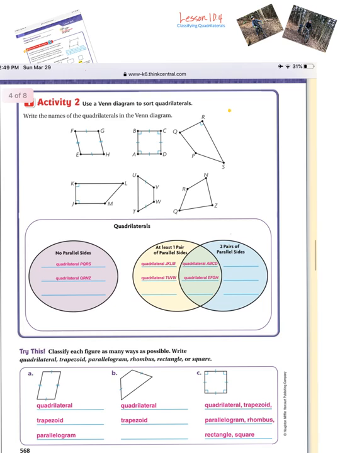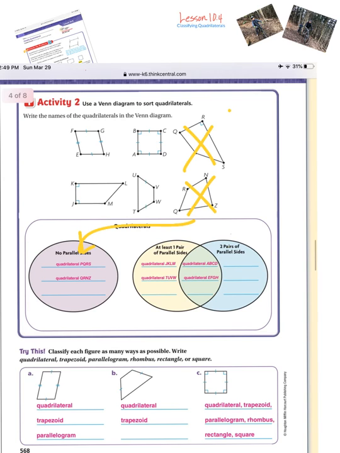They would eventually intersect. Okay, so we could place these 2 over here for no parallel sides.